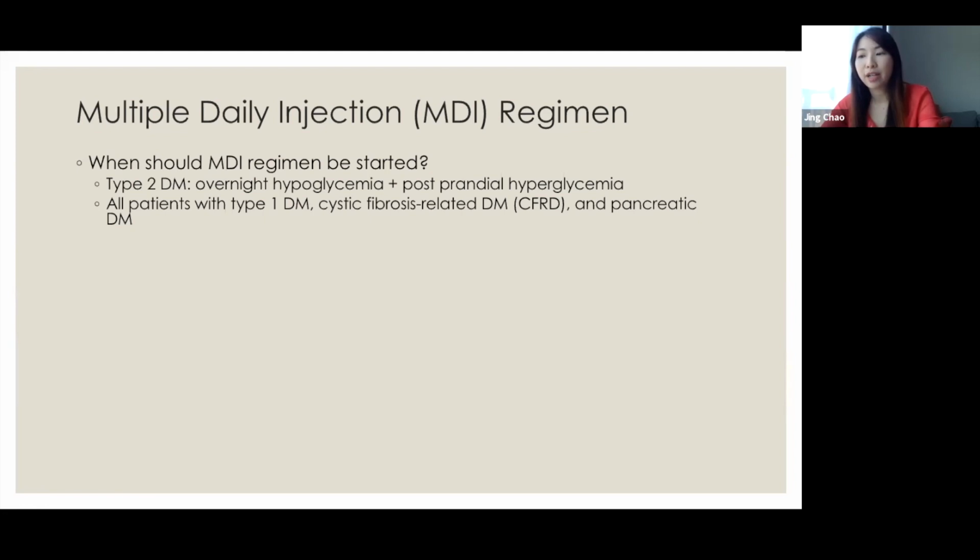and then the special category is CFRD, cystic fibrosis related diabetes. These patients usually are set out to eat a goal of 6,000 calories a day. Another characteristic of these patients is that they may eat a highly variable amount of carb every time they eat, and they may eat multiple times in a day.